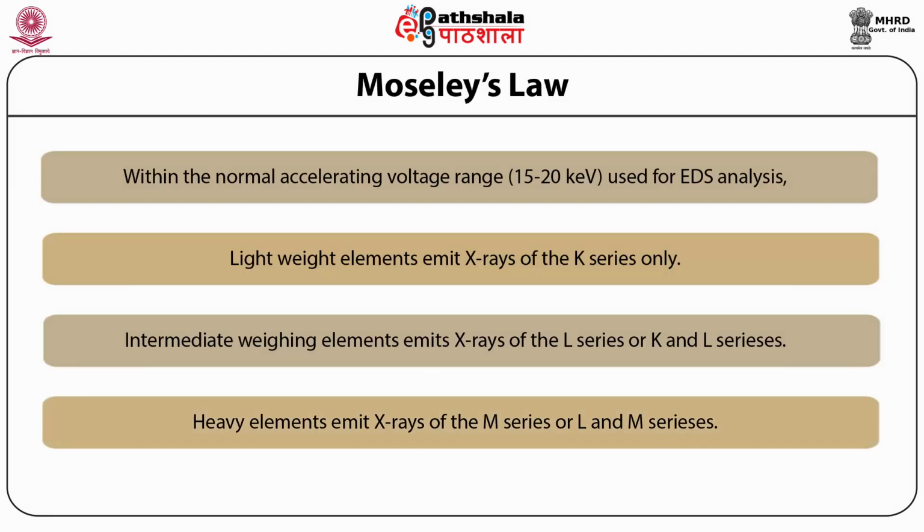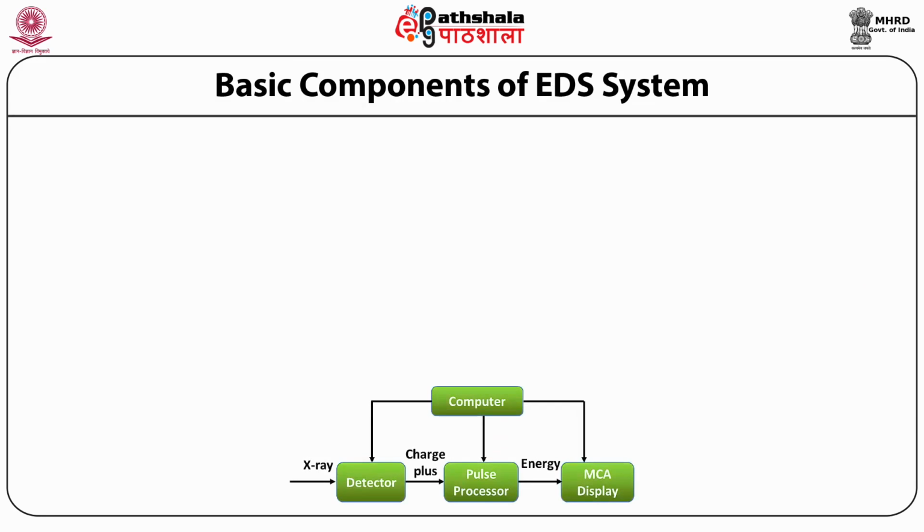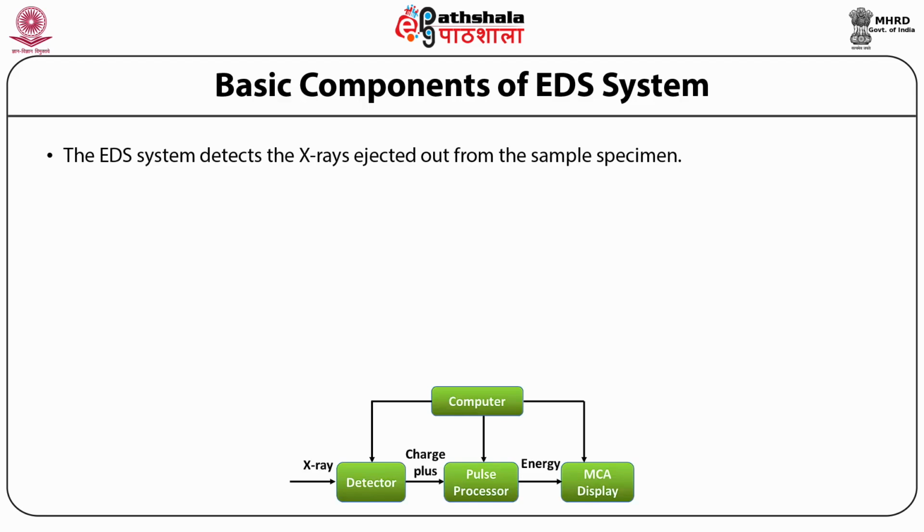The heavy elements emit X-rays of the M series or L and M series. The basic components of EDS system. The EDS system detects the X-rays ejected out from the sample specimen. The schematic of the EDS system is shown in the figure.